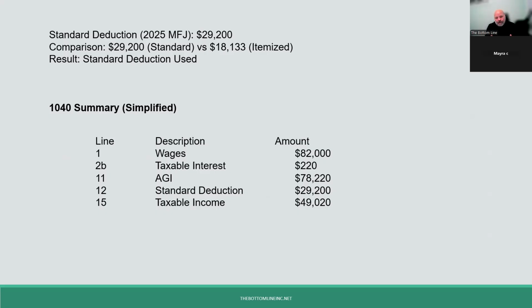So when we have wages of 82,000 and $220 in interest, we have an AGI because they gave 4,000 to their IRA. So we brought our AGI down to 78,220. The standard deduction of 29,200 gives us a taxable income of $49,020.